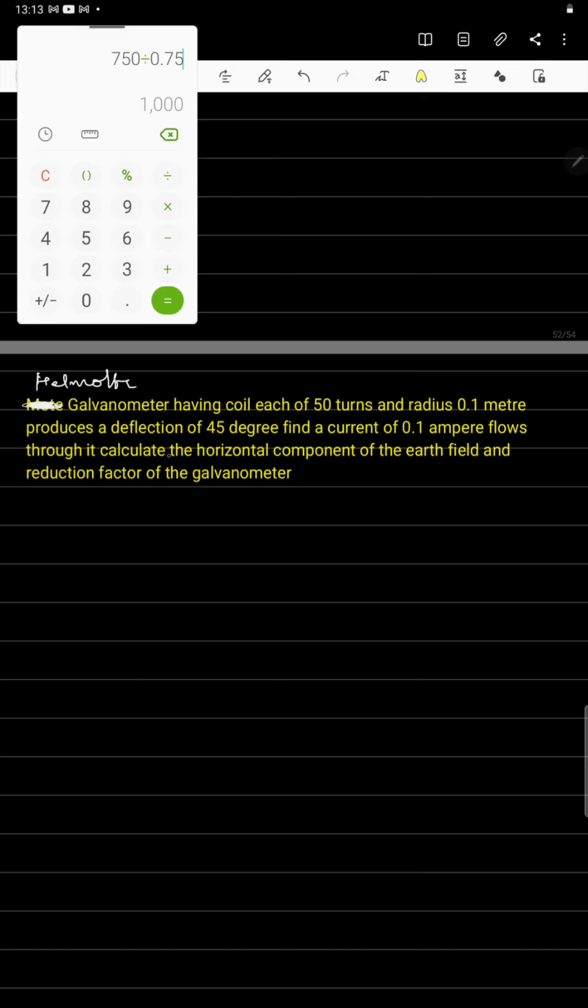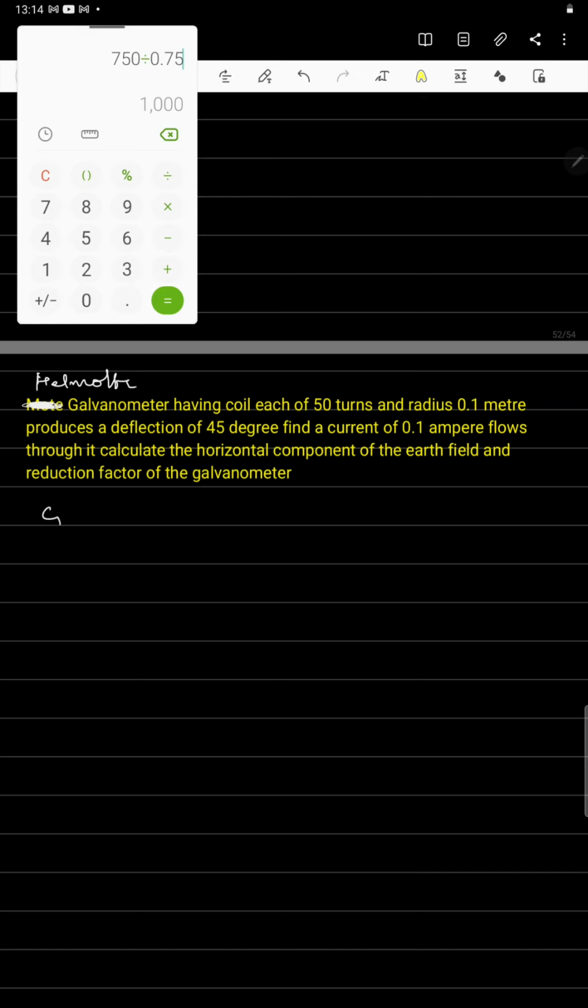Calculate the horizontal component of the earth's magnetic field and the reduction factor of the galvanometer. Read the question properly once again, and then we'll write the given things.